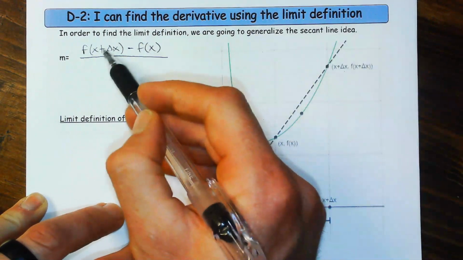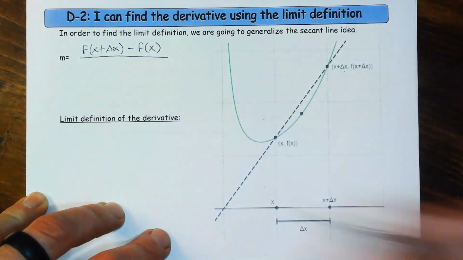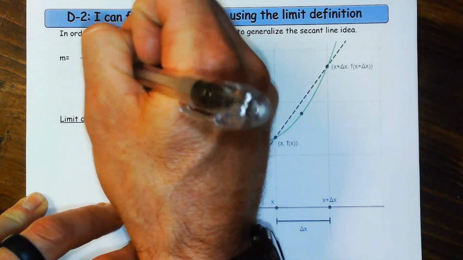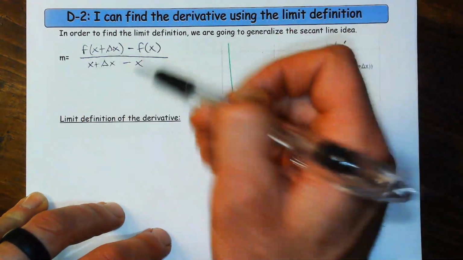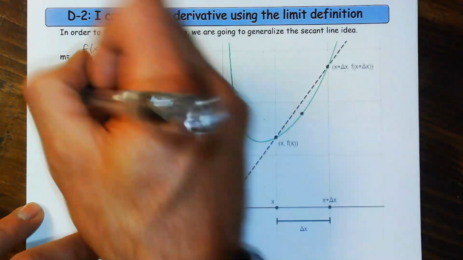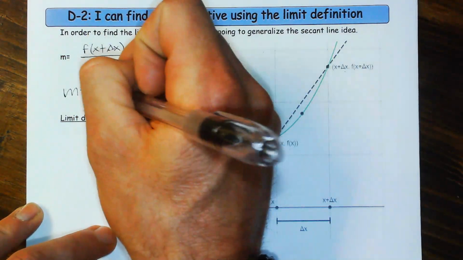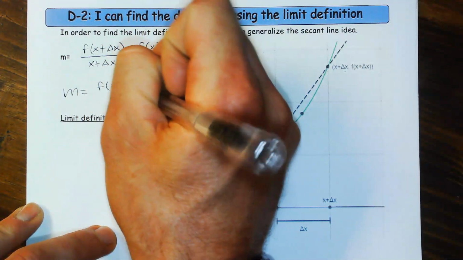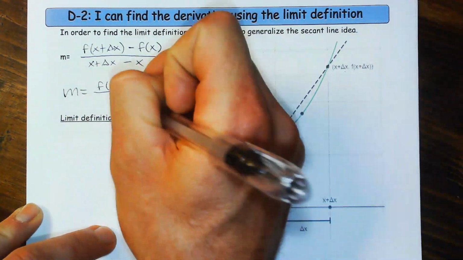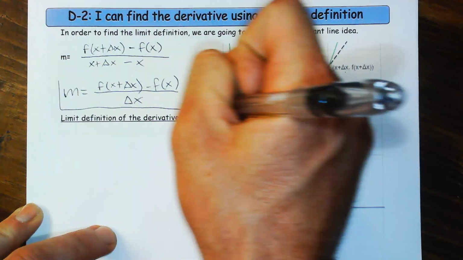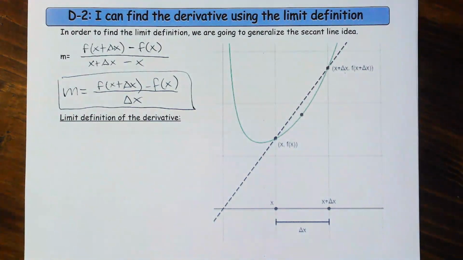So that's y2 minus y1 divided by x2 minus x1, which is x plus delta x minus x. That would give me m equals f of x plus delta x minus f of x, divided by delta x. Okay. So that's going to be the general equation for a slope of a secant line.